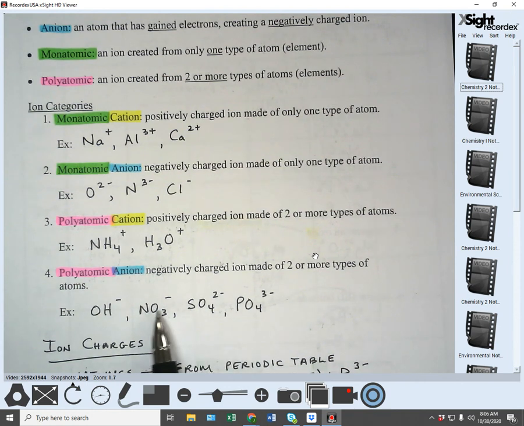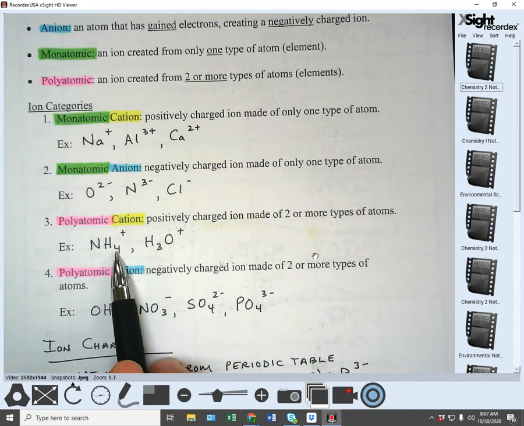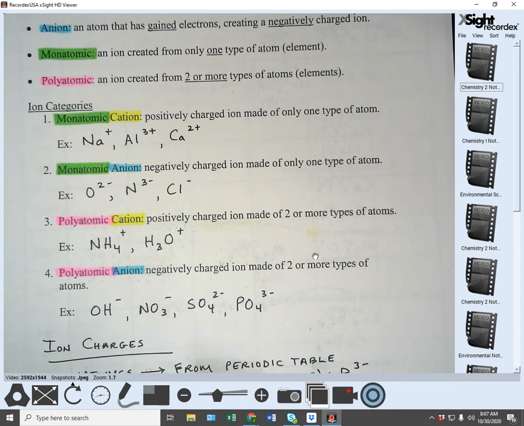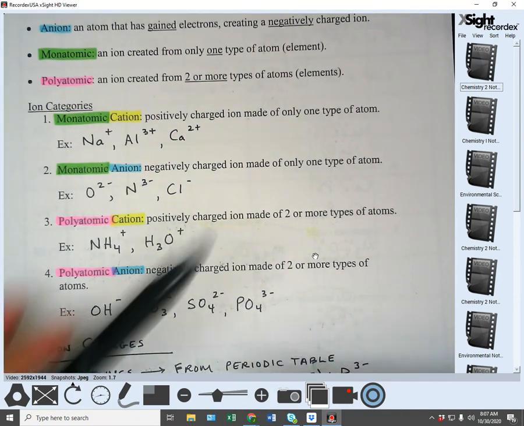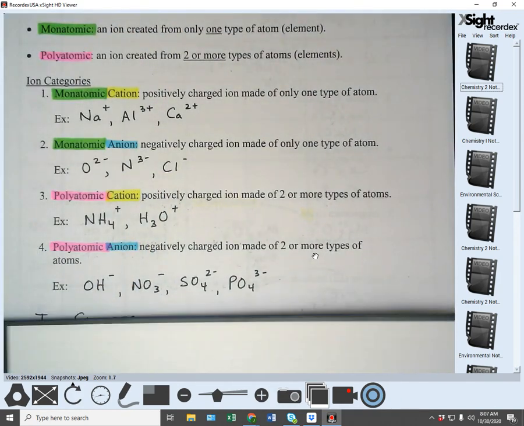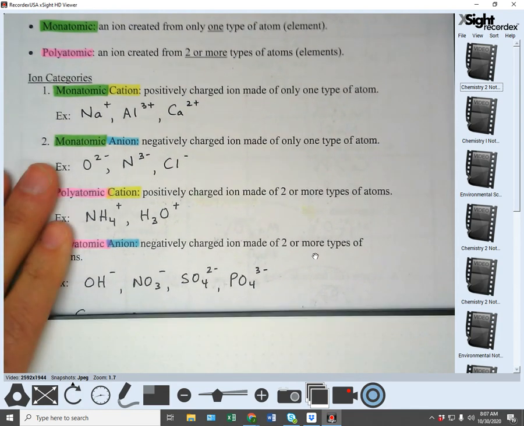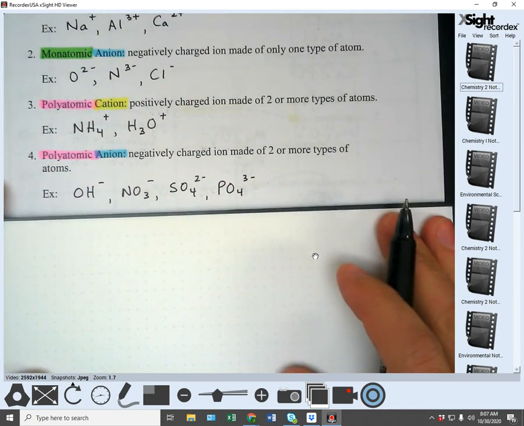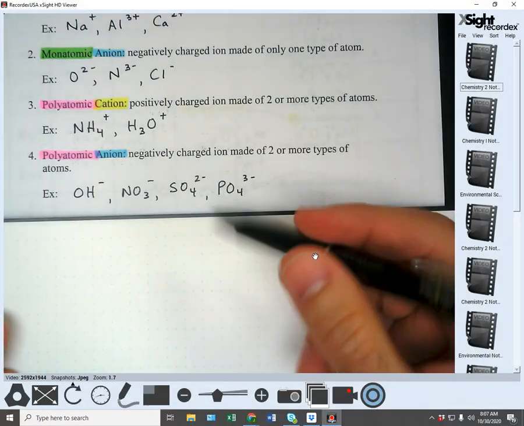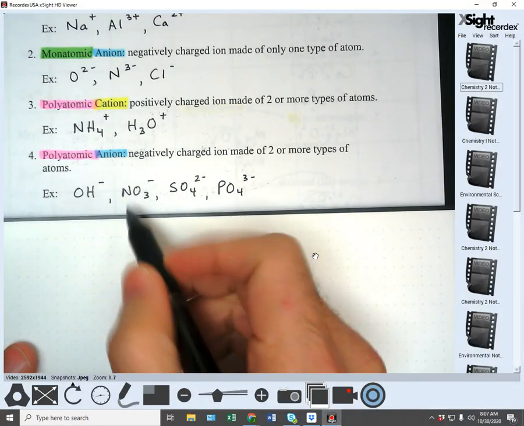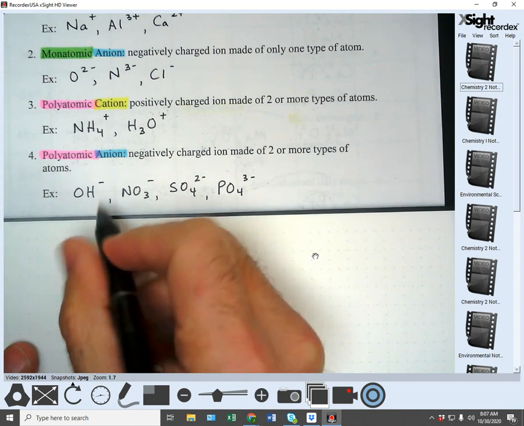Now remember, the numbers in the subscript are numbers of atoms, not part of the charges. The charge is in the upper right corner, and the charge is on the whole molecule. So if we're looking at these, the entire thing has the charge on it.